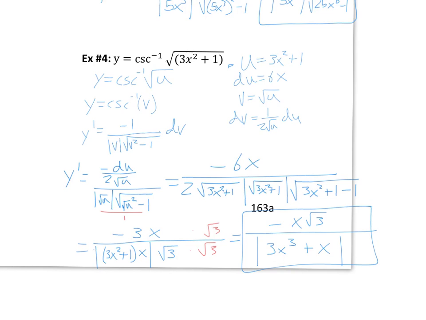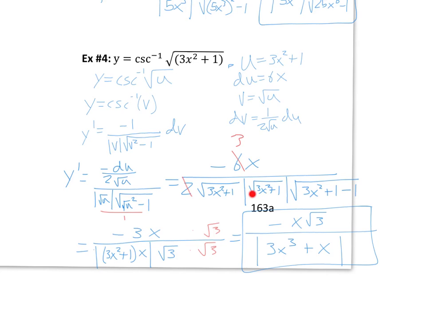So, pay attention to what I do here. I got the 6 and the 2. That reduces to just a negative 3. Then, a couple of things here. Right, so I'll cross this out and say that's where I got the negative 3. Now, this takes a little bit of thinking here. I have the absolute value of 3x squared plus 1, but it's underneath the square root anyway.